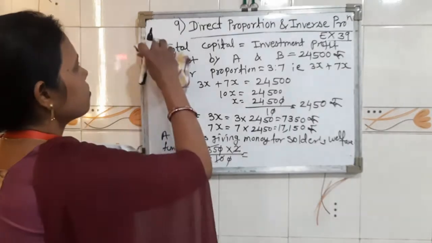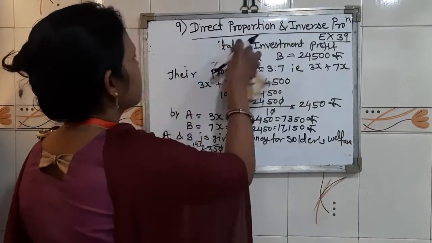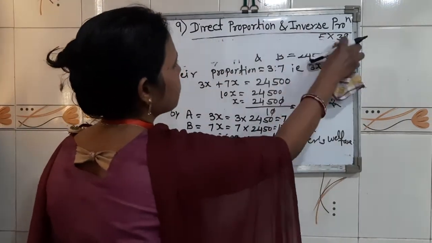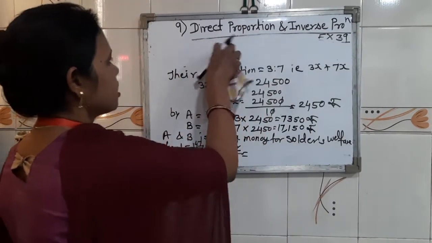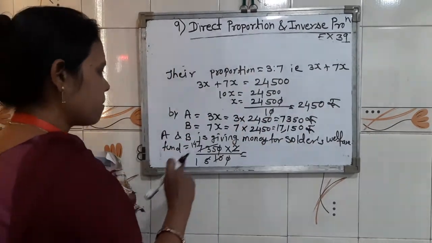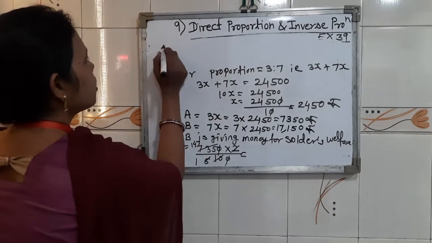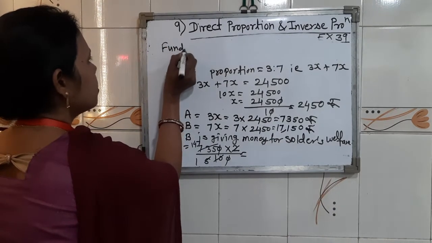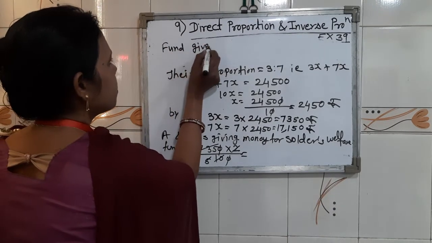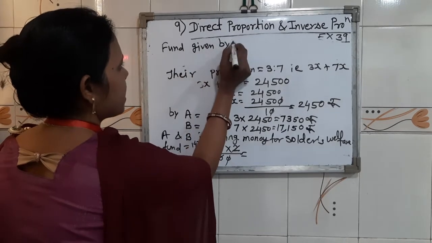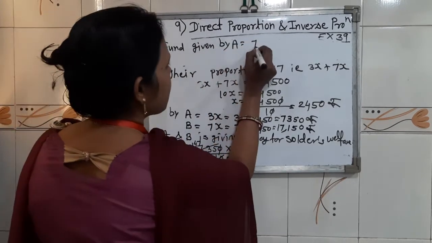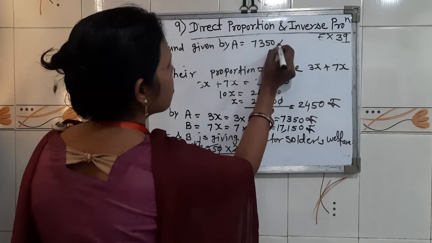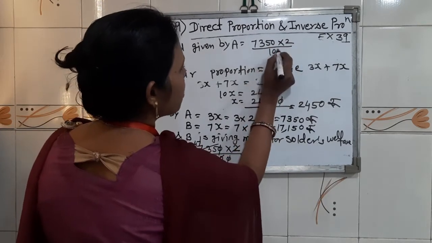Then children, we will rub the first line from here, then we will understand. Fund given by A equals 7350 into 2 upon 100.